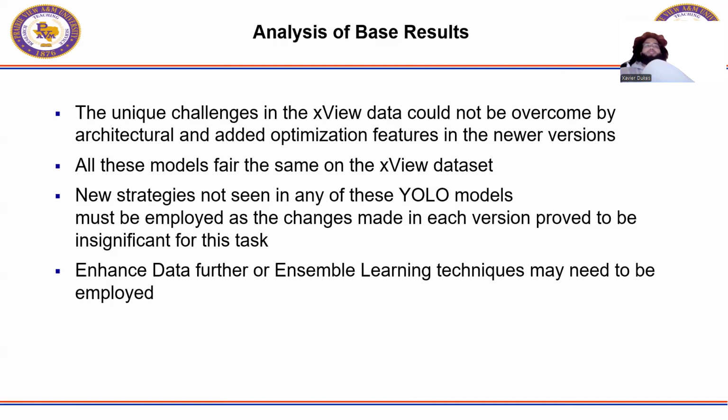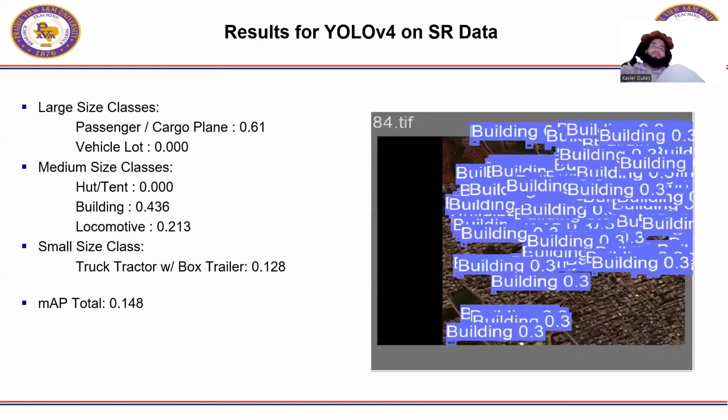And so new strategies must be employed, as changes in each model's architecture proved to be insignificant for this task. My recommendation would be to enhance data further, or some sort of ensemble learning technique may need to be employed, where multiple models are trained on this data and each one specializes in a unique area.